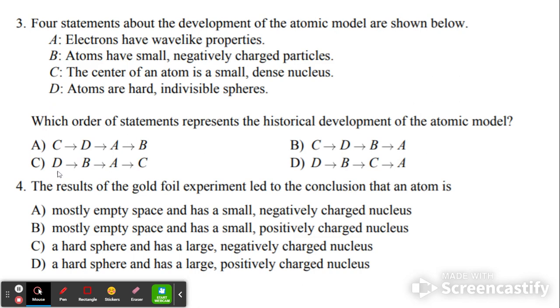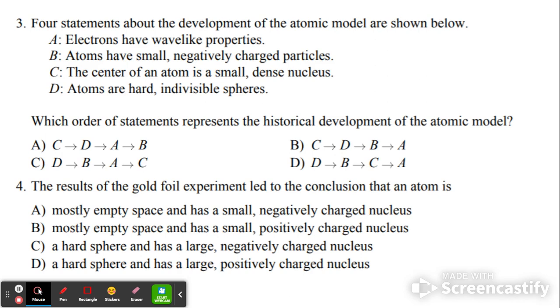So that leaves us with choices C and D. And the gold foil experiment that came to the conclusion that atoms were mostly empty space with a small dense nucleus, or statement C, came chronologically last, meaning C has to be our answer.